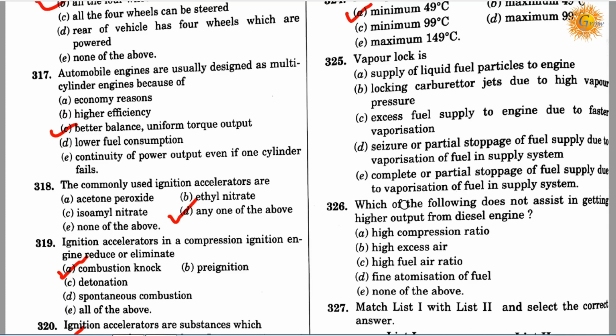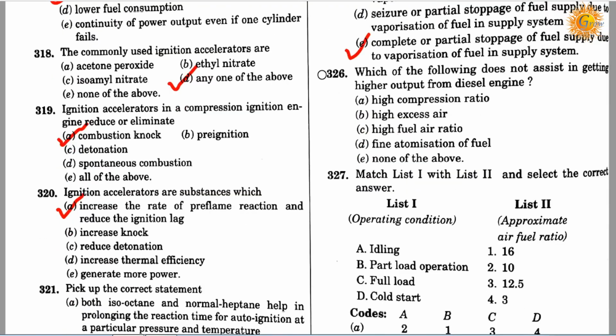So the correct answer is E. Vapor lock is the complete or partial stoppage of the fuel supply due to vaporization of fuel in the supply system. Question number 326. Which of the following does not assist in getting higher output from diesel engine?